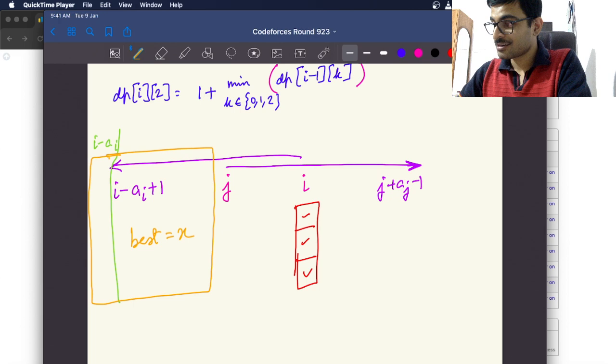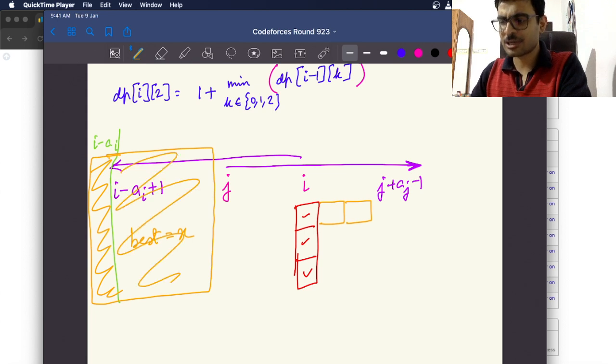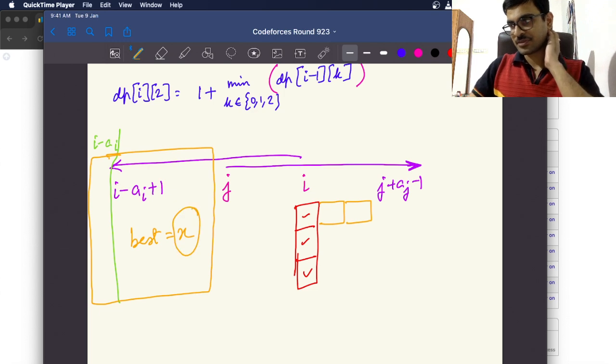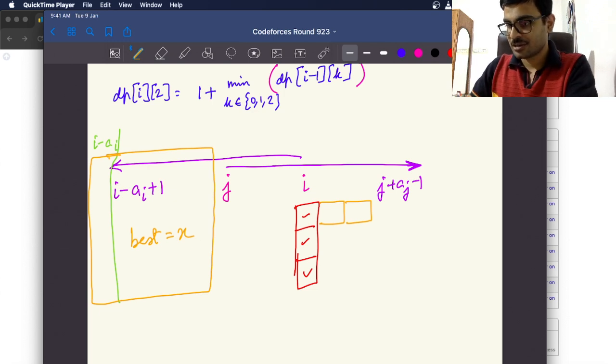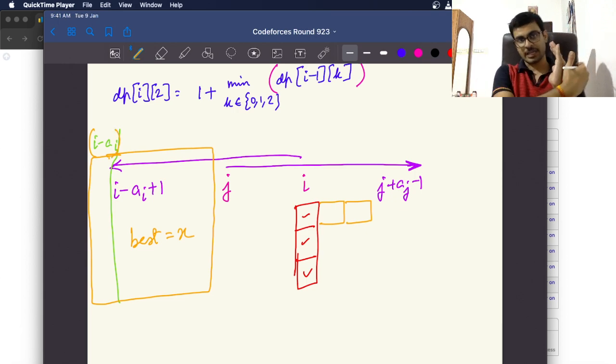For each of these elements, let's say I plus 1 or I plus 2, if I don't want to use them, I can say, okay, before this is already taken care of by X. X takes care of all the previous elements, and also some of these elements, though we did not need them, but okay, it takes care. So best means the minimum cost in this particular range. In this particular range from I minus AI is the nearest column that we are not taking.